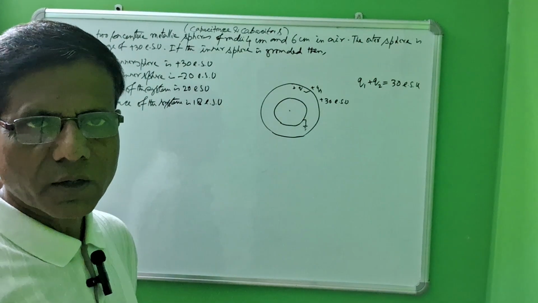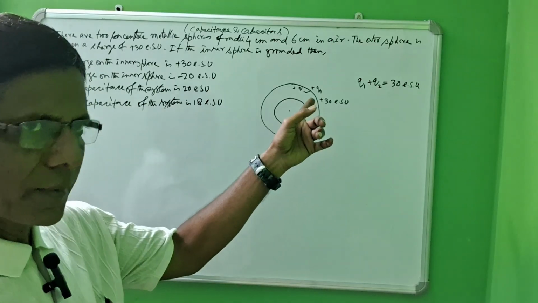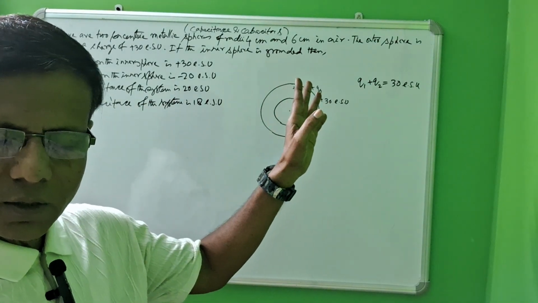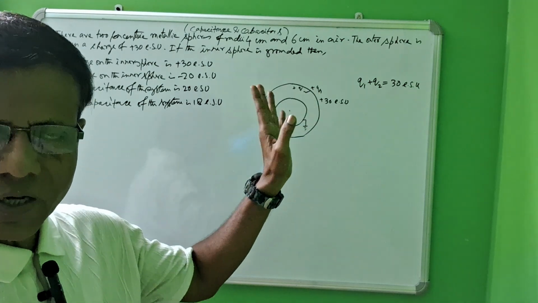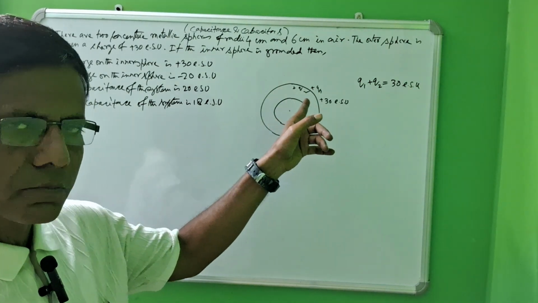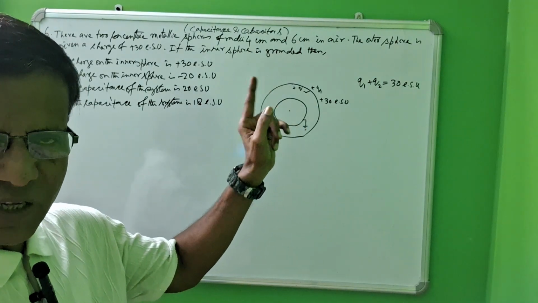The outer side of the outer sphere has gathered a charge plus Q1 ESU, and the charge gathered by the inside portion of the outer sphere is considered Q2.